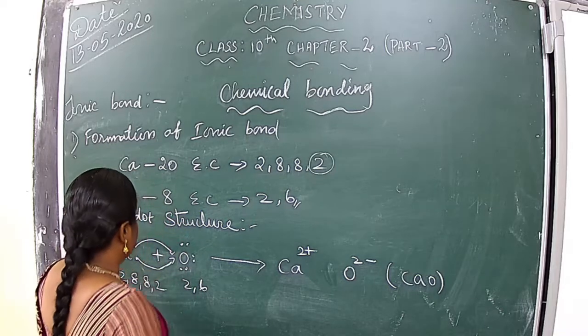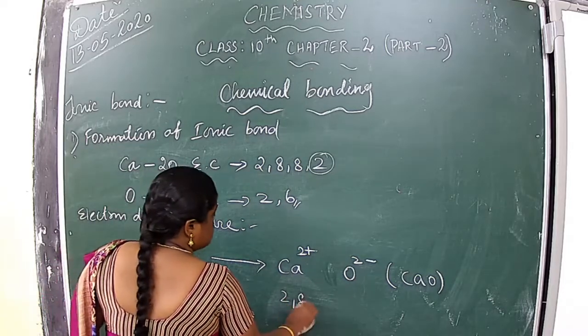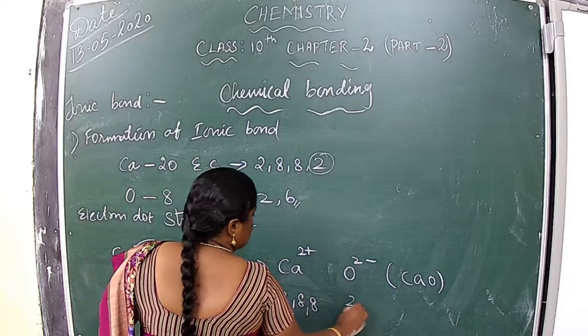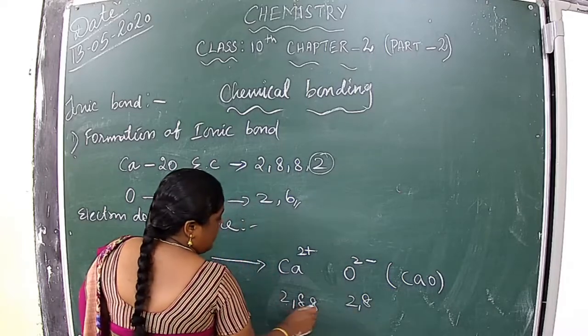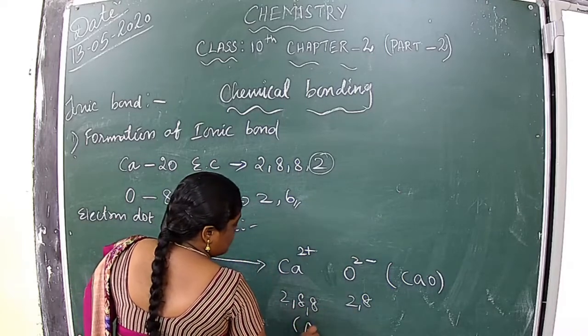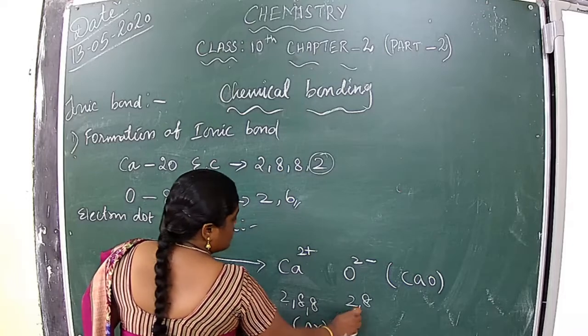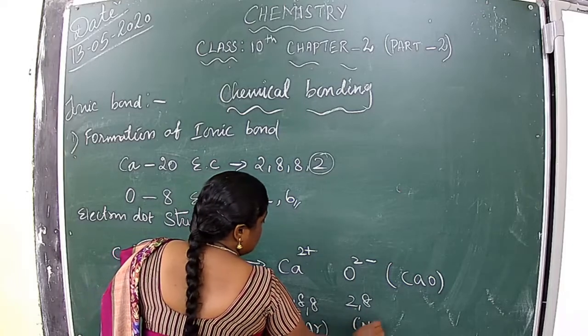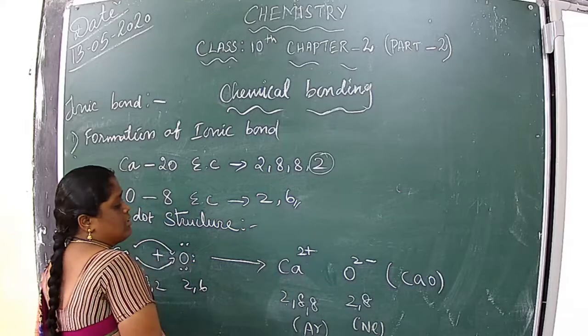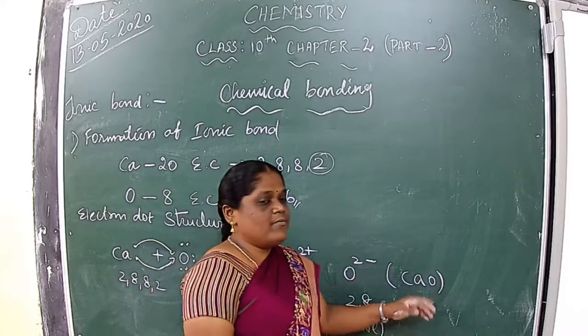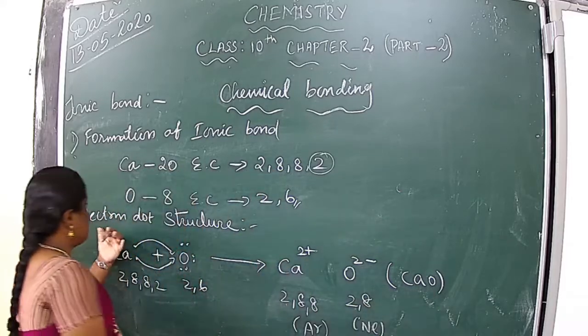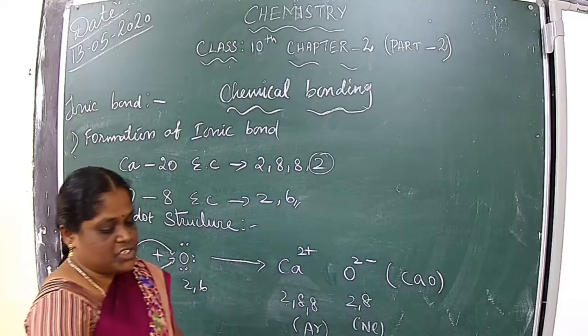This is 2, 8, 8, meaning the nearest noble gas configuration is argon. This is 2, 8, neon. Understood? Then the calcium oxide is formed. This is the electron dot structure.